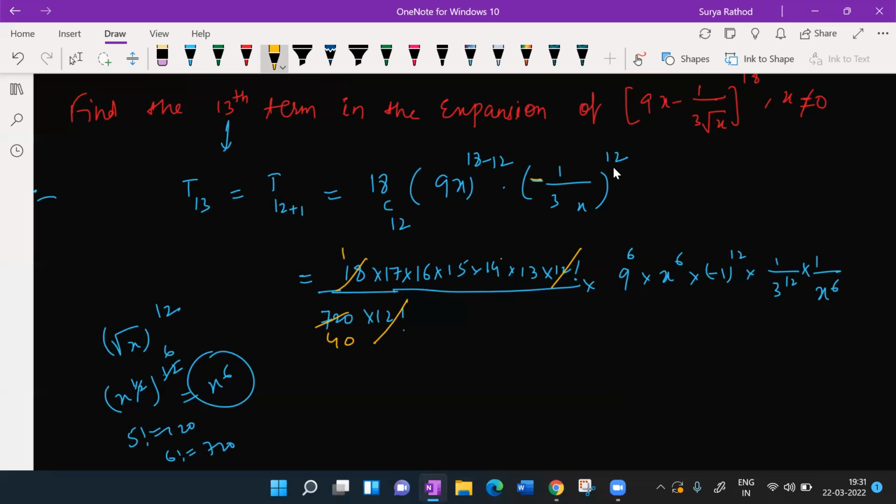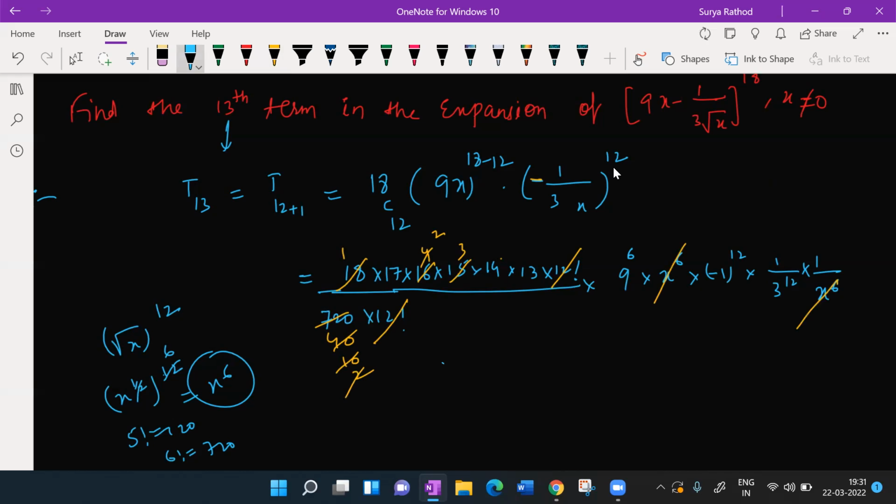Now you can simplify like this: the factors of 720 cancel against 18, 16 and 15. Now look at this: x to the power of 6 and x to the power of 6 will get cancelled here.